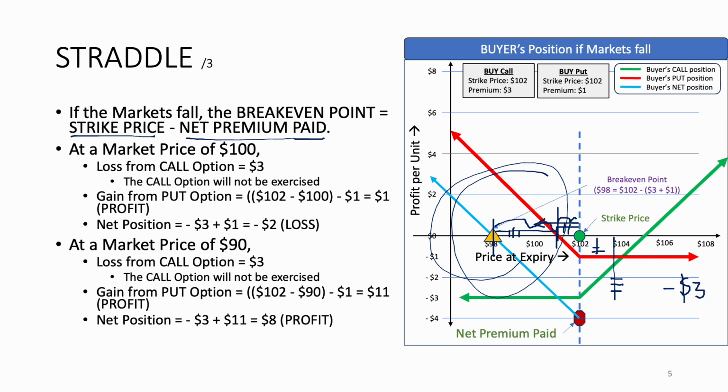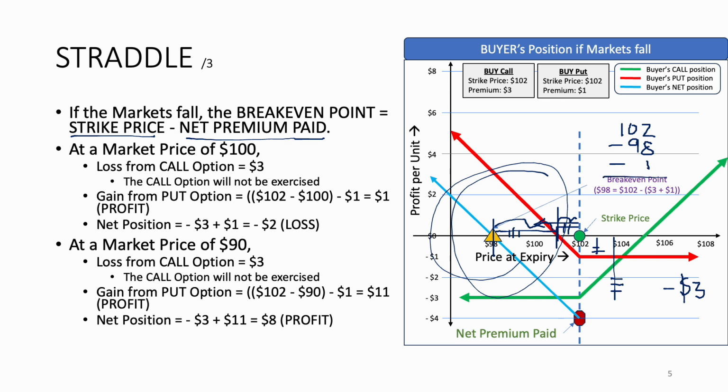However, the put option will be exercised because the market has fallen below the strike price of the put option. The profit we will get from this is the $102 strike price minus $98, which is the market value, minus the premium of $1 which we have paid.